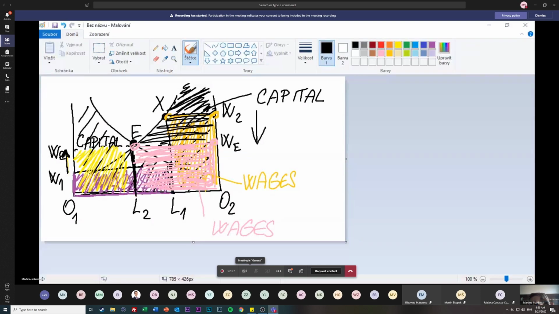The migration has different impact on the owners of different factors. In the first country, workers have higher wages. Their wages increased.